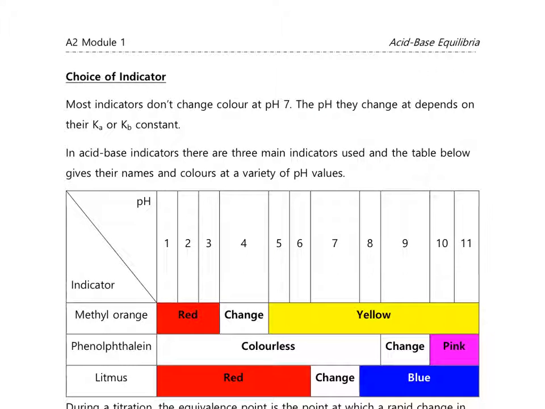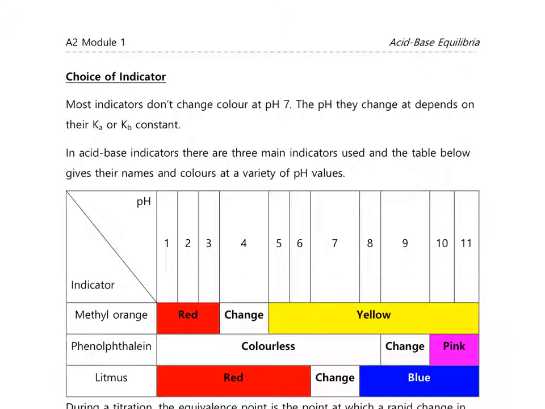Okay, so the next part of this topic that you may be asked a question on is the choice of indicators. They may give you a table like this, maybe indicators that you're familiar with, maybe indicators that you're not familiar with. And they could ask you to choose a suitable indicator for a particular reaction.